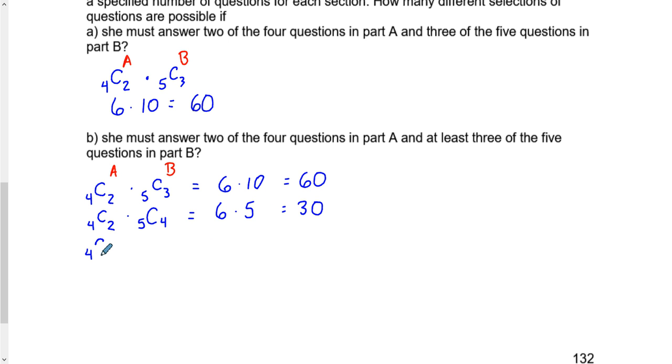Or she could select all of them, which means 6 times 1, which is 6. Adding all of those possibilities, we get 96.